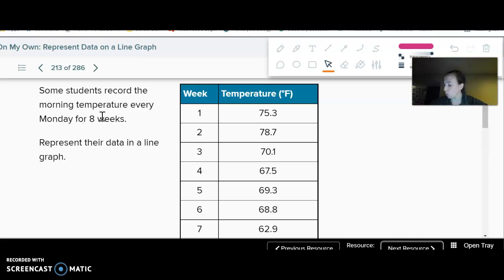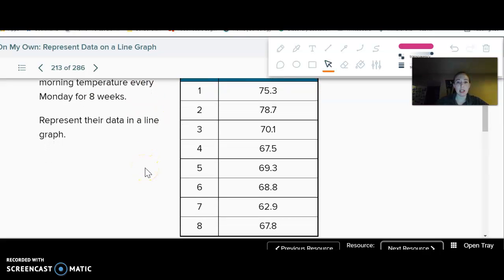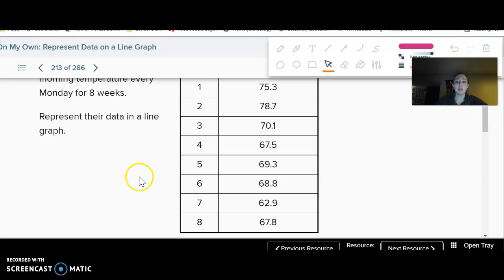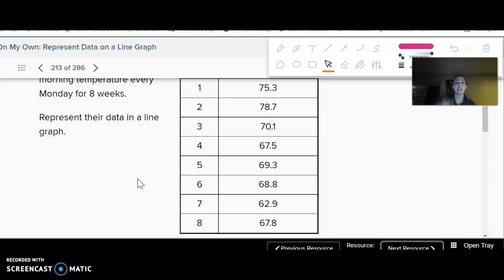Now this one, what should my scale be for the y-axis? Meaning it should go from what to what? Now this one, it's tempting to pick just my first and my last numbers. Oops, I didn't even show you the last number. To just say like 75 to 68 or 68 to 75 or 76.